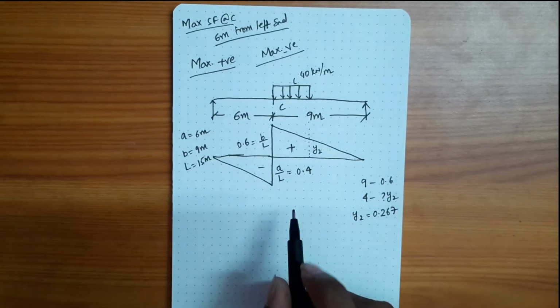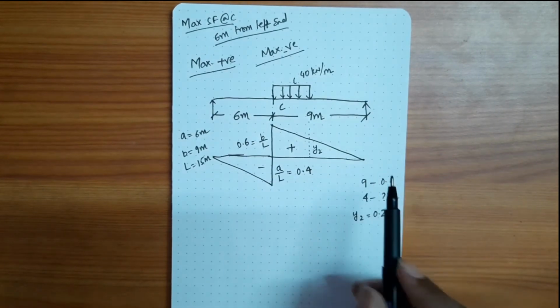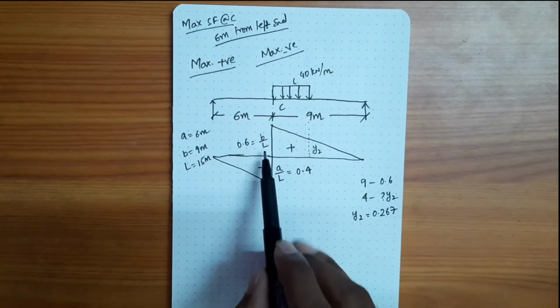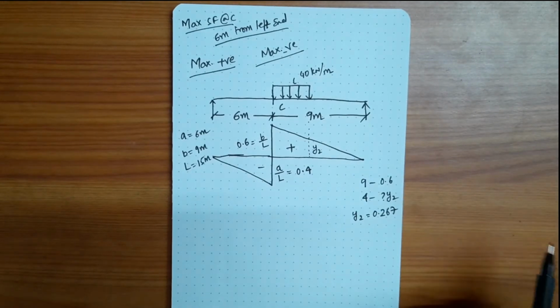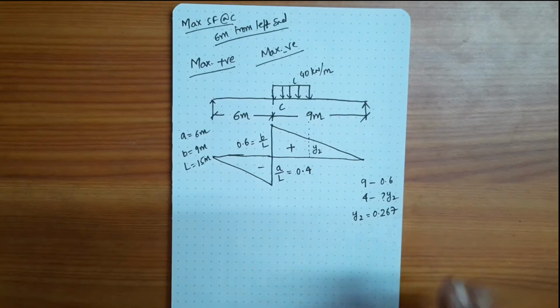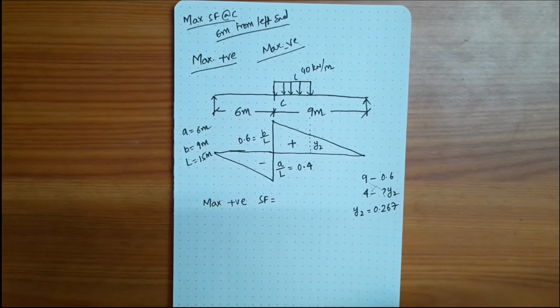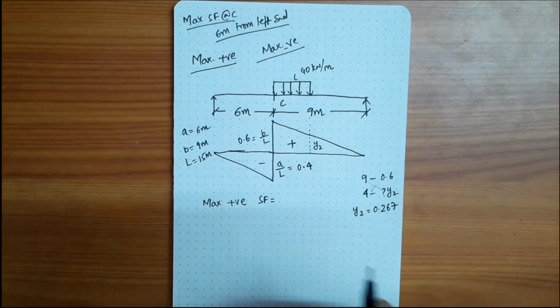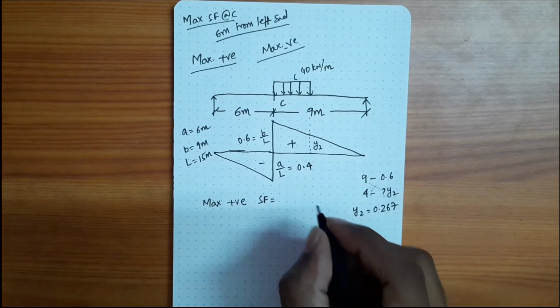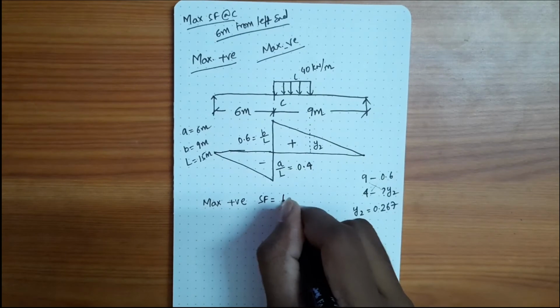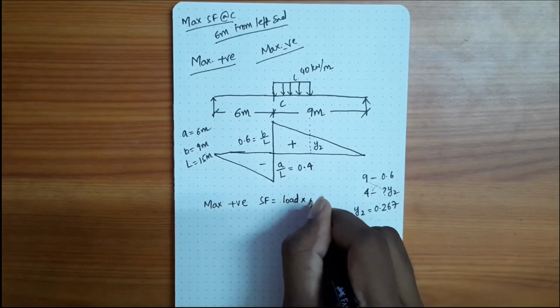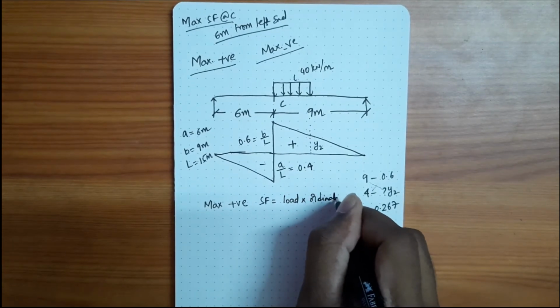Or you can take the similar triangles method also. From similar triangles, 0.6 by 9 is equal to y2 by 4, so you will be getting the same values. Now the maximum positive shear force is equal to load multiplied by ordinate.